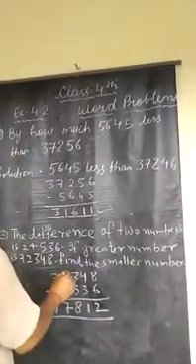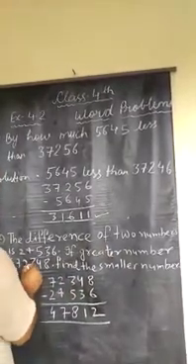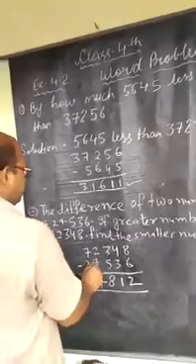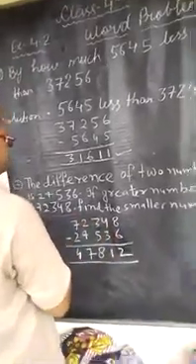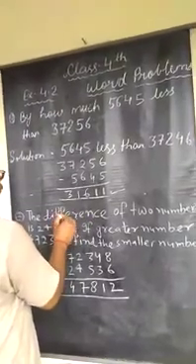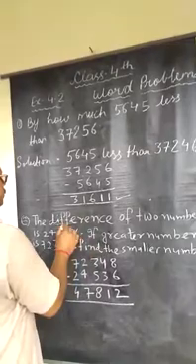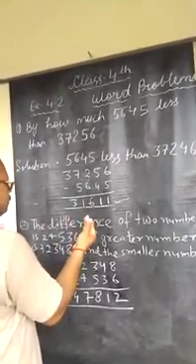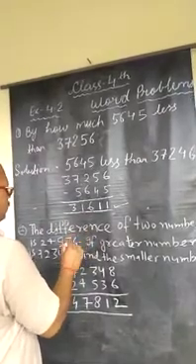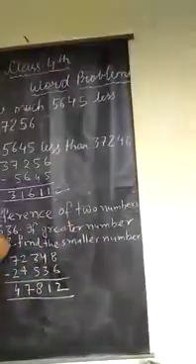Here the greater number is 72,342 and the difference is 24,536. Difference means how much more or how much less. The greater number is how much more, and the smaller number is how much less.